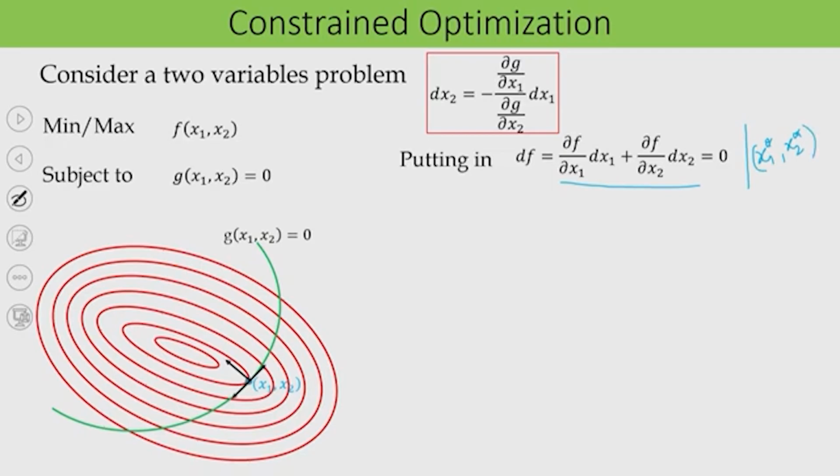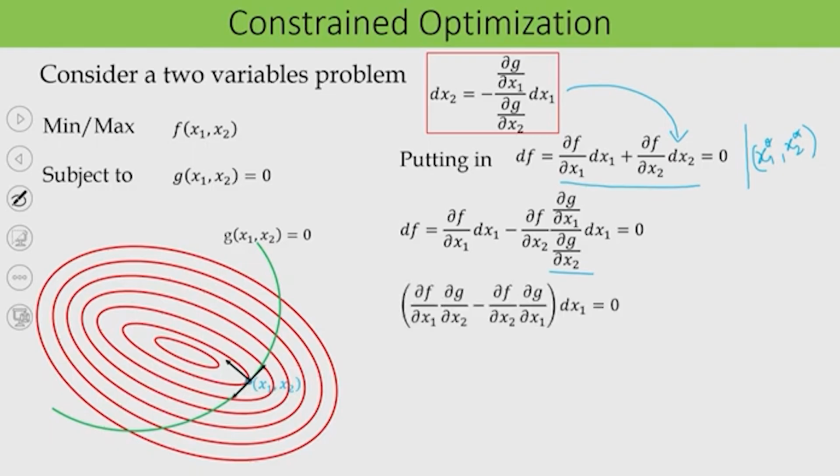This is the total derivative of the objective function, and if I replace dx2 using this equation, then the total derivative is del f by del x1 dx1 minus del f by del x2 into, so I am putting this part, which comes from dx2, the negative of del g by del x1 divided by del g by del x2 dx1.